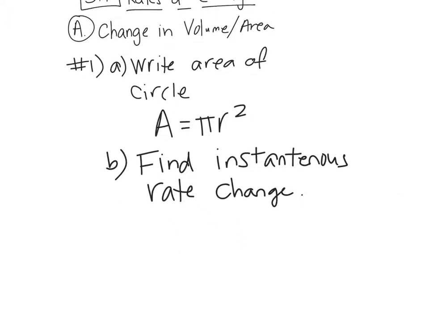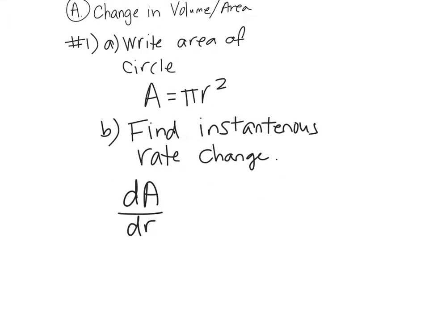So the rate of change is the derivative of the area with respect to its radius, dA/dr. You can write A prime, that's the other way to write it. This is a better way to write it because it's showing you the change in area over the change in its radius. And what's the derivative of pi r squared? 2 pi r. Do you recognize that? Circumference.